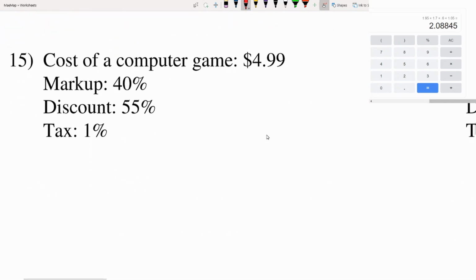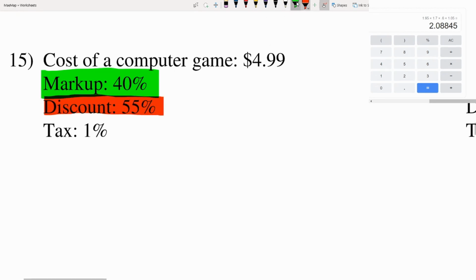But for number 15, the cost of a computer game is $4.99. We've got a markup, we've got a discount, and we've got a tax. So the markup of 40% will eventually multiply by 1.4. The discount of 55%, subtracting 0.55 from 1, will multiply by 0.45.